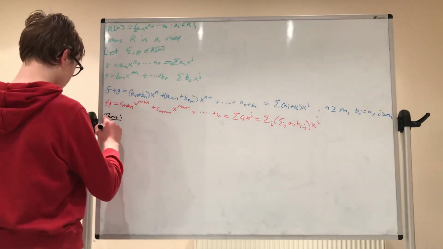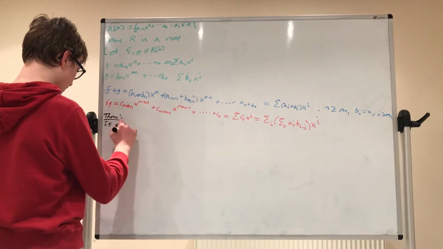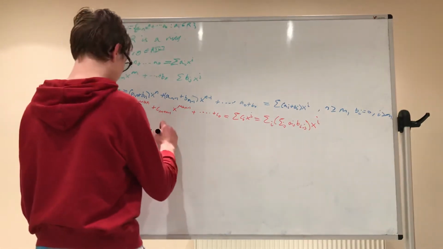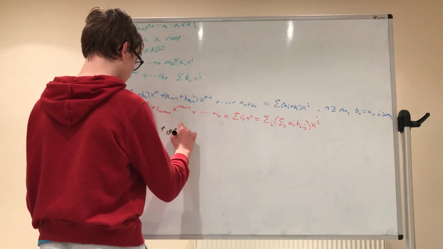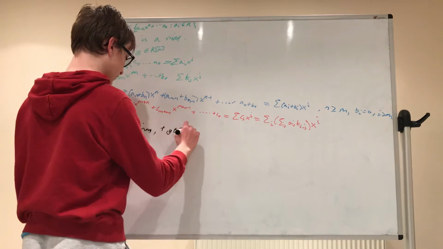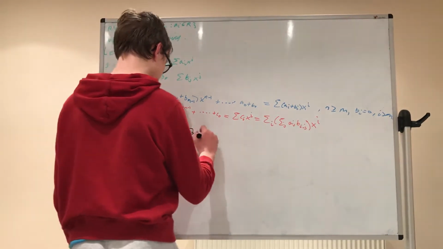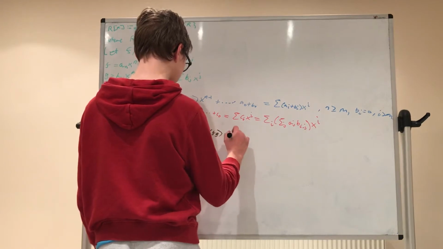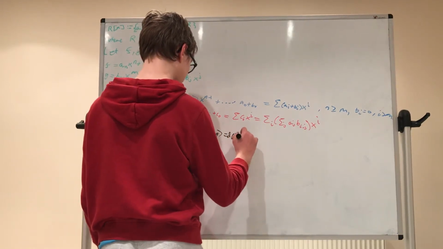So, if R is a ring, and f and g are in the polynomial ring with coefficients in R, then the degree of fg is equal to the degree of f plus the degree of g.